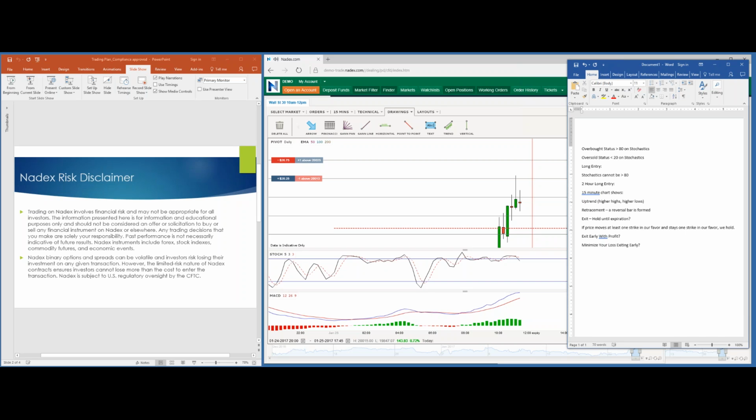That would be one example. We could also say, I'm just going to hold because that's the type of trader I am.